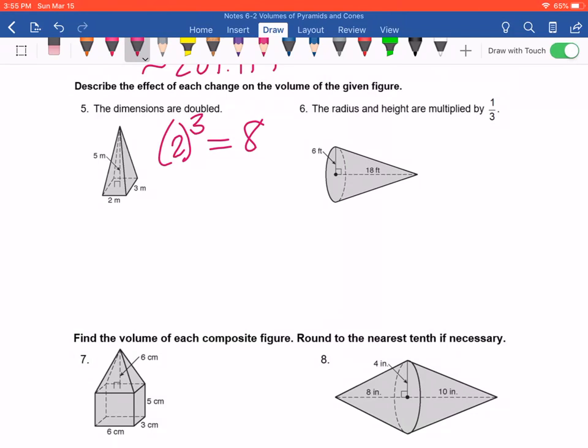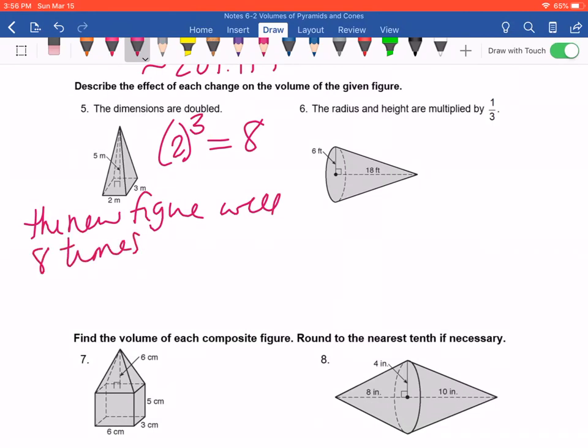Therefore, the effect of the change on the volume of the given figure is that the new figure will be 8 times as large as the original. Or the new figure will be 8 times larger than the original, I guess is a shorter way that you could say it.